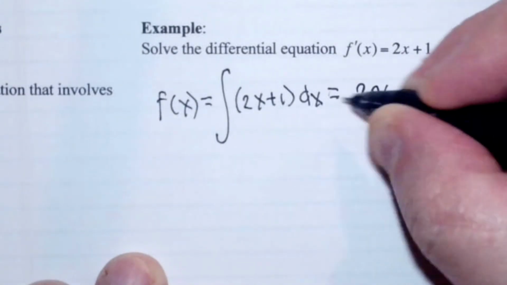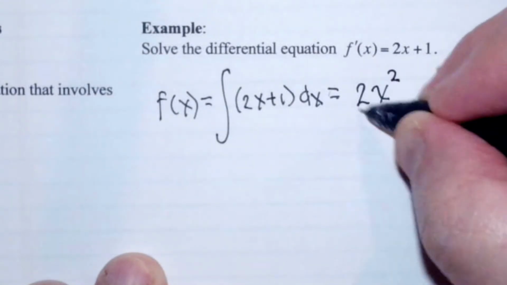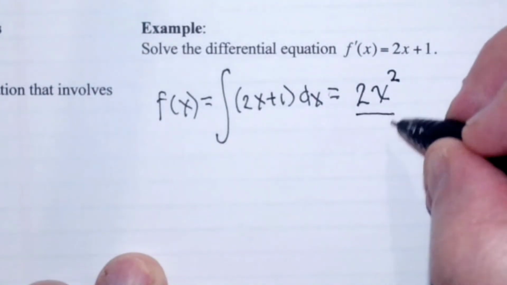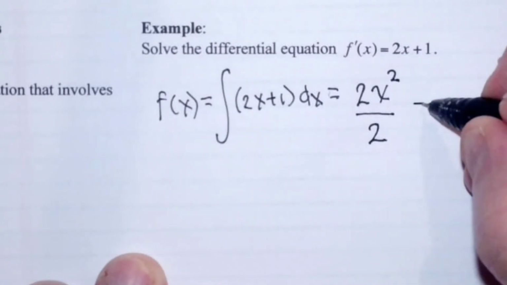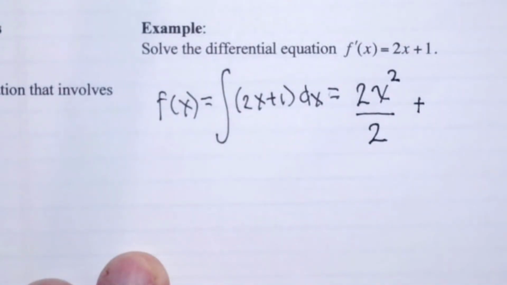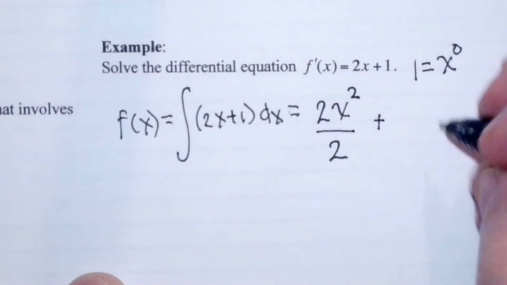I'm going to raise the power on the x by 1, so we've got 2x squared, and now I need to divide by the new power, which is 2. Now, what would you differentiate to get 1? You can also think of 1 as x to the 0 power.